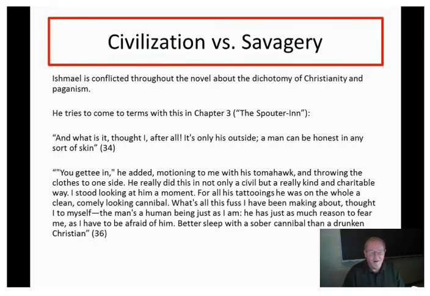And I think it's chapter 52 when we have our first gam. A gam is the meeting of two whale ships at sea, and sometimes they would last for 2 or 3 days. It was a time for the sailors to get together and actually have a party weekend, if you want to call it that.